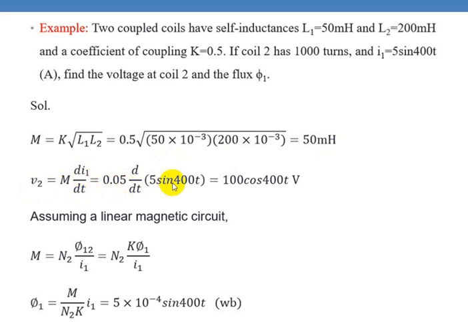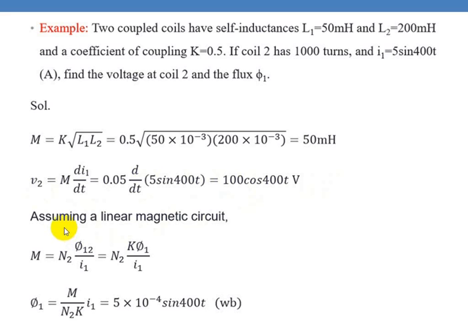Now I1 is given, so you differentiate this with respect to t and multiply with 0.05, you will get 100 cos 400t volts. This is the equation for voltage induced in coil 2.